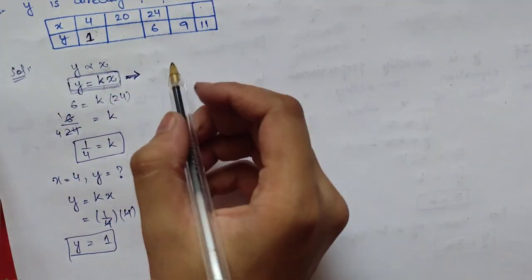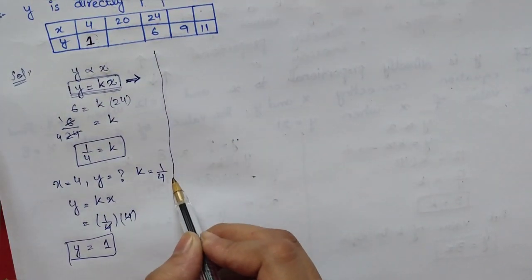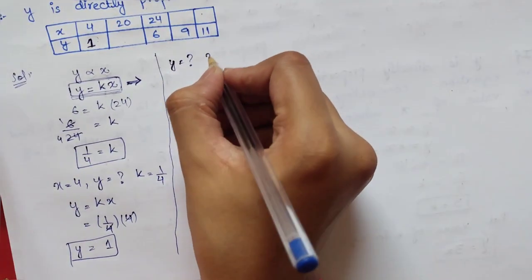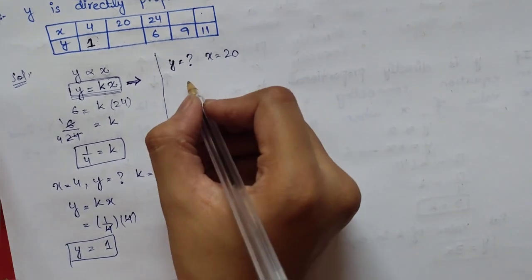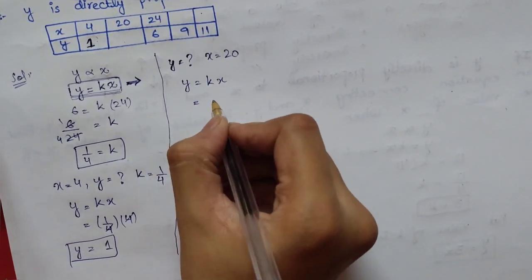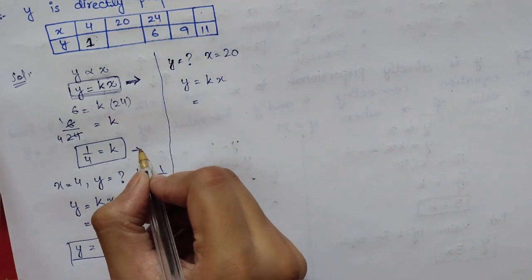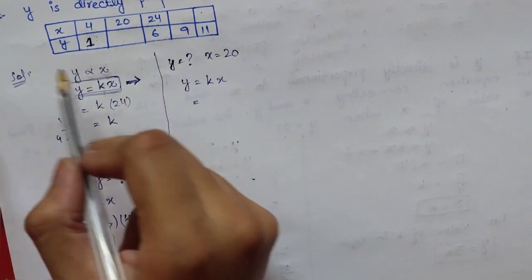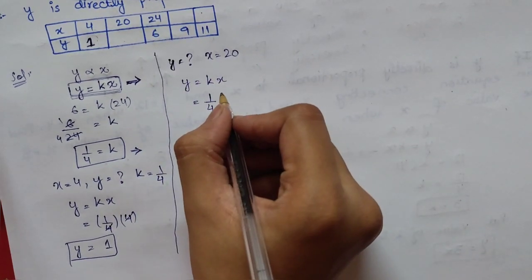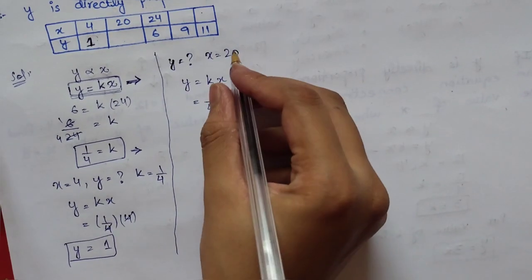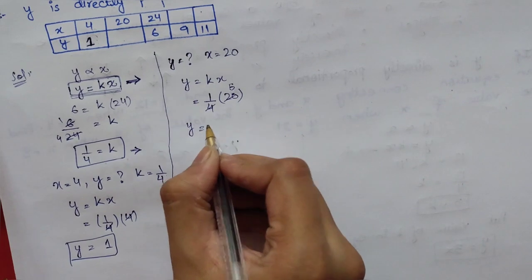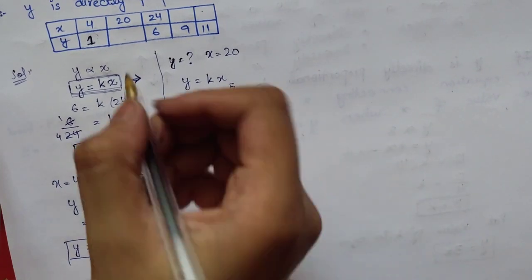Next, what we have to do, find the value of y, which is unknown when x is 20. Use the equation y is equal to k of x. Y is unknown, k value is this, which we know, 1 by 4. For the whole table, we use the value k 1 by 4 every time, into 20, x value is 20. 4 and 20 cut down and y is equal to 5. This is your value.